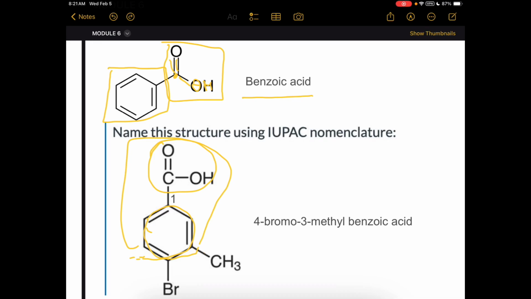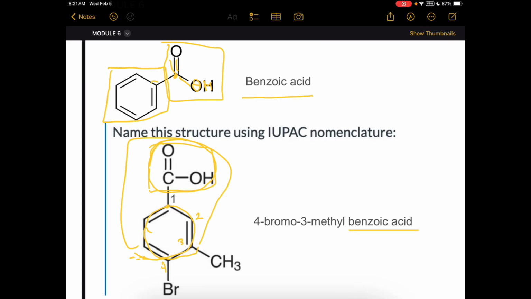Okay, and this carbon has to be 1 because your carboxy group, it has the priority. If that's 1, that's 2, that's 3, that's 4. Okay, now I know the whole structure is benzoic acid, right? Because we know from here.